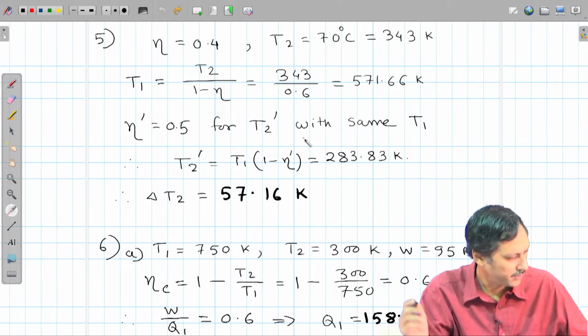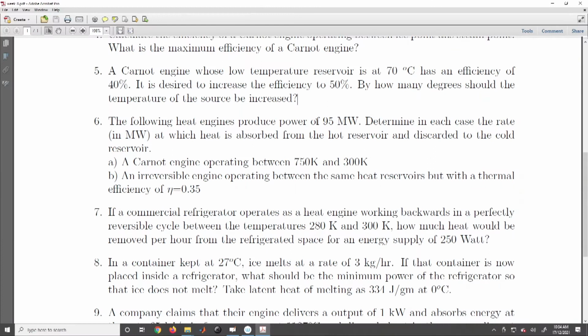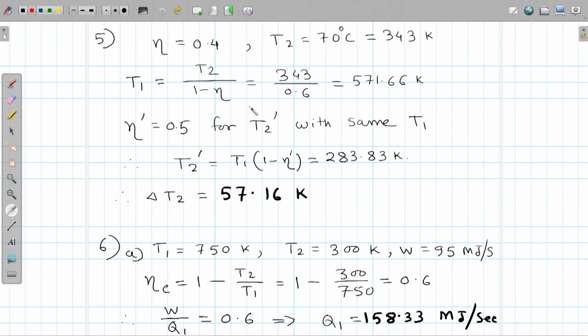Sorry, just a minute, I think I just made a mistake here. The question asks by how many degrees the temperature of the source should be increased. What I did here is actually by how many degrees the temperature of the sink should be decreased.